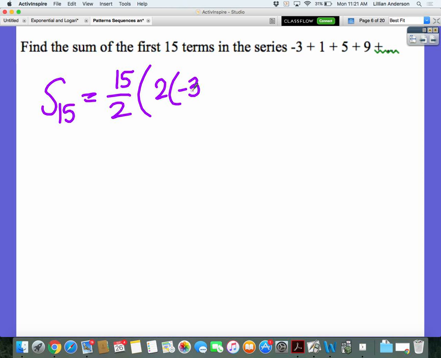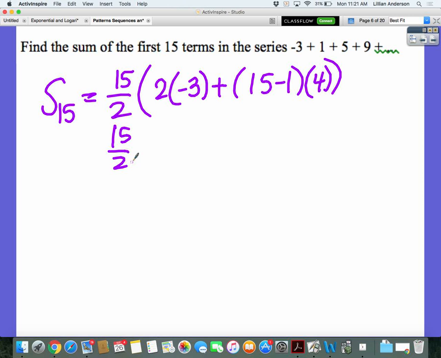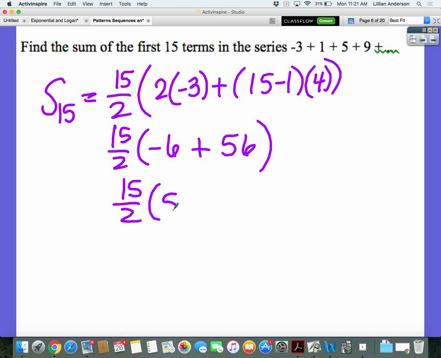Because I don't want to have to sit there and try to find my last term to do this. So it's 2 times your first term plus n minus 1 times d, right? D is what? 4. So I basically have 15 over 2, leave it as a fraction, times negative 6 plus... So then I have 15 over 2 times 50.